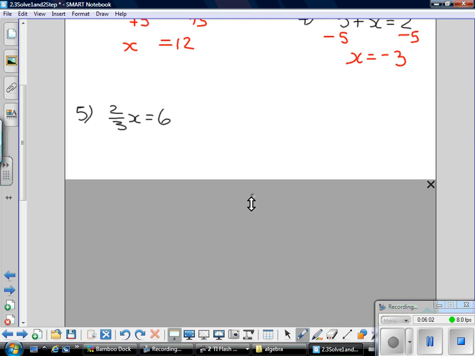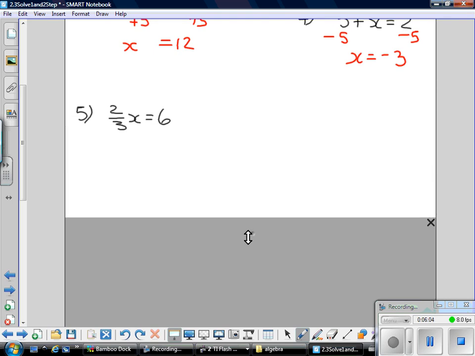And on to the next question. Okay, again, fractions, and you're saying, I hate fractions, I hate them. Too bad, get over it. 2/3 times x equals 6. I want that 2/3 to disappear, and I can make it disappear. The opposite of multiplying by 2/3 would be to divide by 2/3.